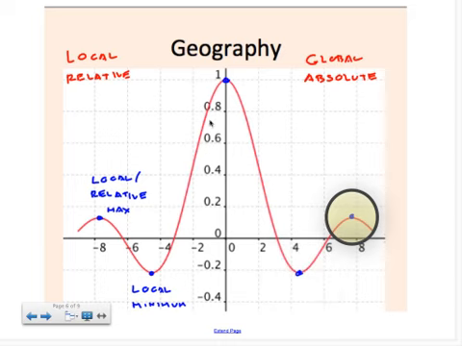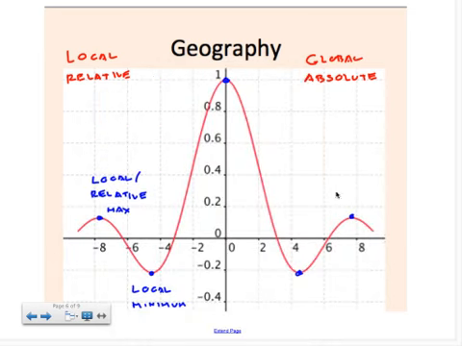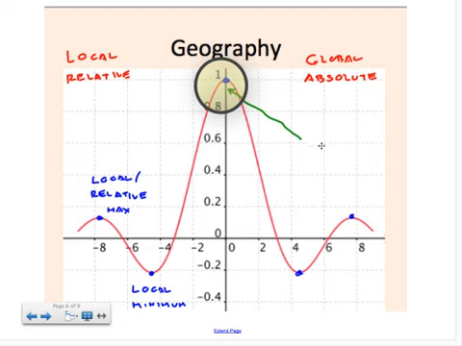Now, in the entire picture here, if I consider all possible x values in the entire picture, we're going to assume that they stop at these two spots right here, a little bit less than -8 and a little bit bigger than 8. Then this dot right here would be the global maximum.